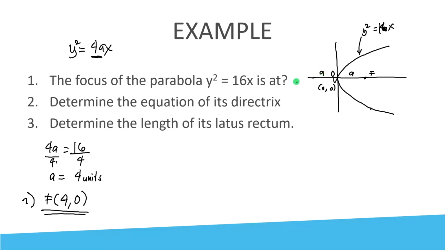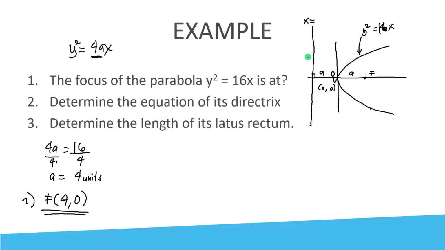If the axis of our parabola is along the x-axis, the directrix should be perpendicular to that axis. We already have a distance a. Our x therefore is equal to, at any point of the directrix, negative 4.